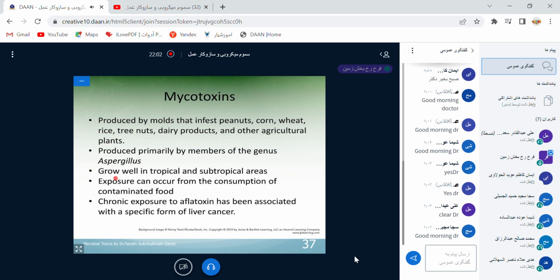Mycotoxins are produced by fungi, and fungi grow well in tropical and subtropical areas, especially those areas where the climate is humid. So climate, temperature, and humidity are the important factors needed by different fungi.